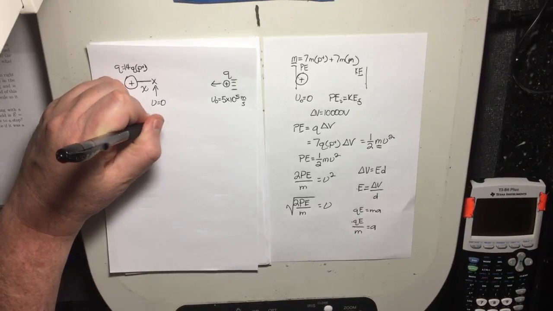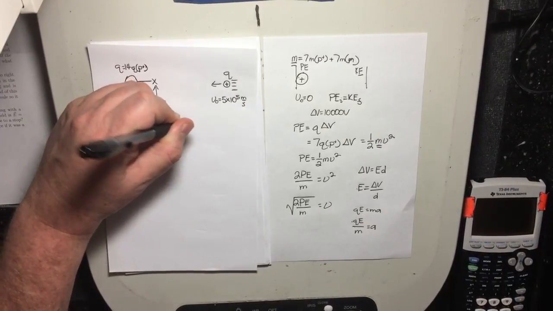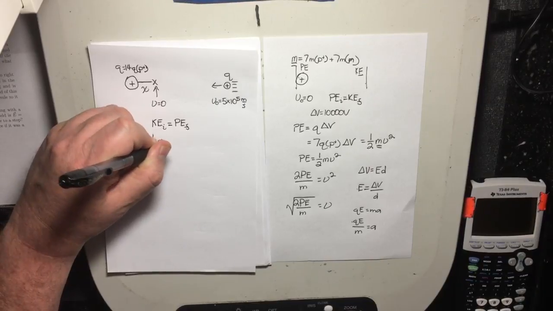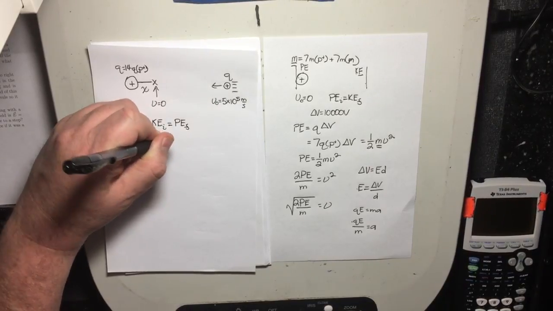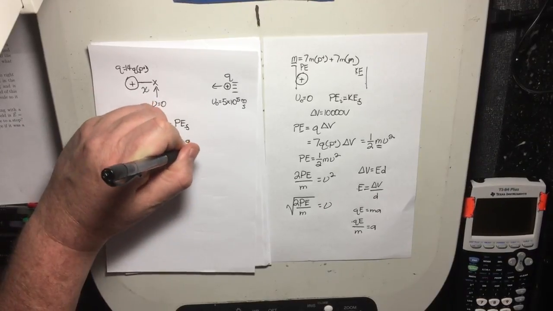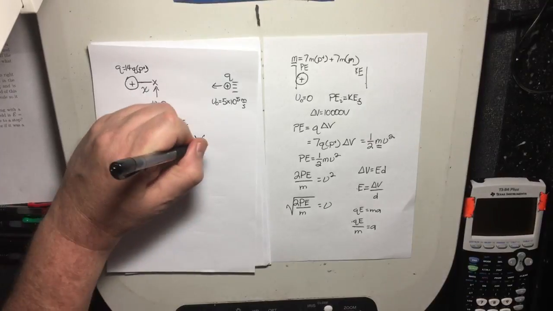So kinetic energy initial is potential energy final. Kinetic energy initial, 1/2 mass of the proton, velocity squared equals charge of the proton, potential energy at that point x.